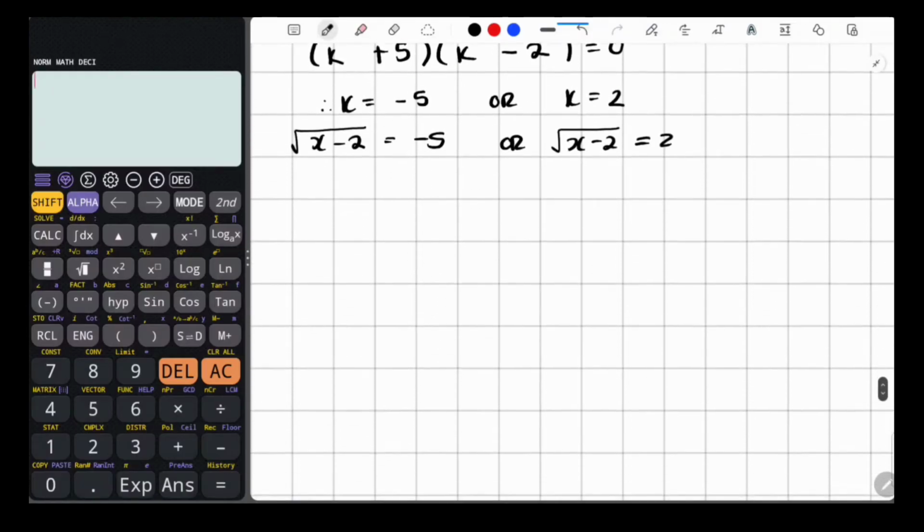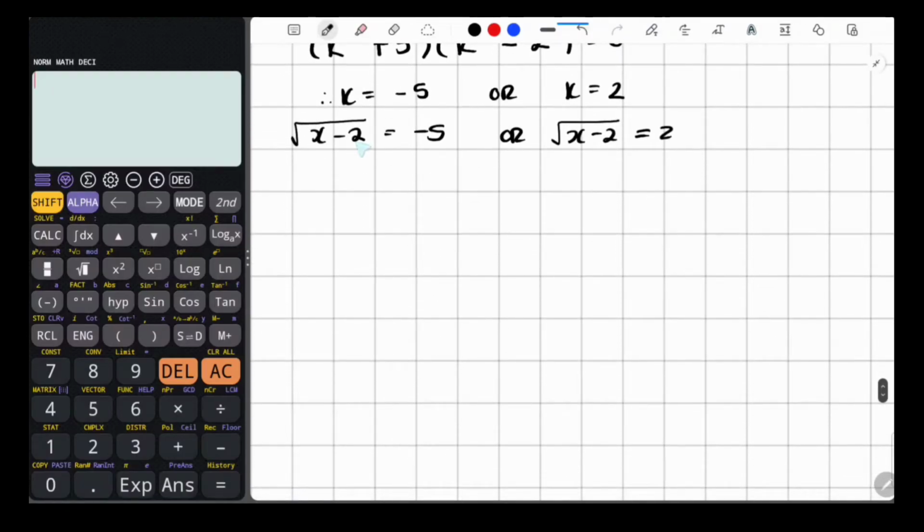Okay. Now with this question, if you see that the square root of something is equal to a negative number, that already looks weird. That should never happen. If you square root anything, so if I square root 4, it gives me a positive 2, right? Even if x was a really big number, even if it was 100 minus 2, you're still going to get a positive number.